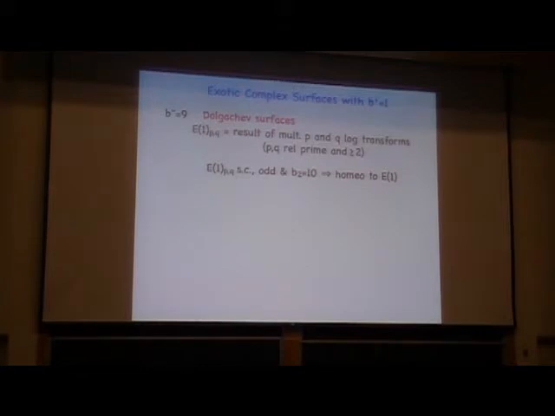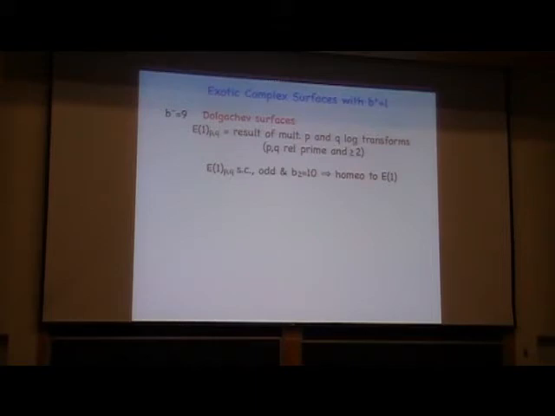And if you take this complex surface E1 and do a single log transform, it's not too difficult to see that what you get back is E1 again. And this is true even complex analytically, where there's this Castelnuovo criterion, which tells you when you have a rational surface, and if you do one log transform, that criterion is still satisfied.